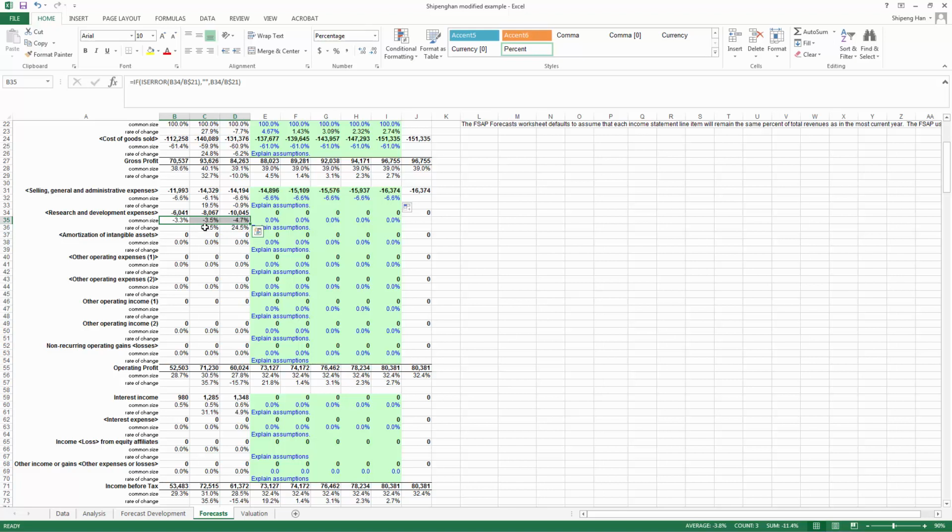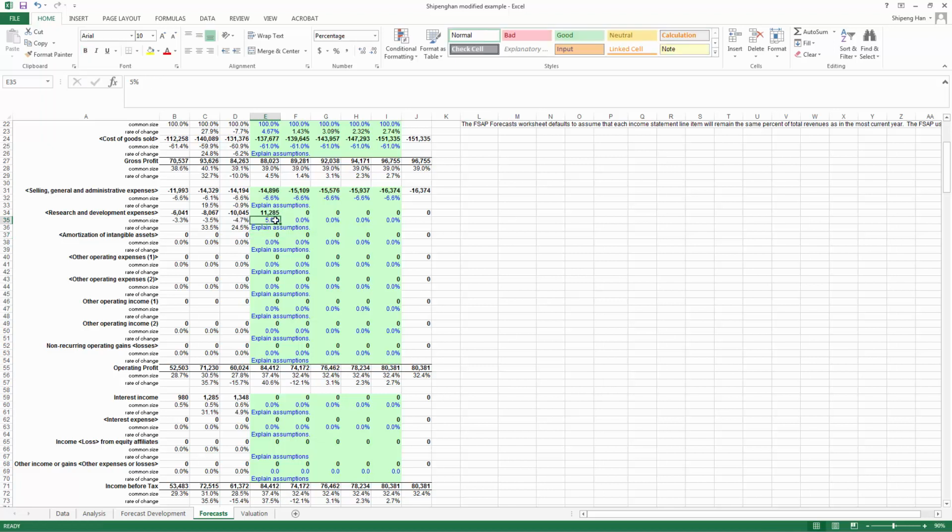And we see the increasing trend. So I just assume the total research and development cost is greater than 5% because it keeps increasing, right? So I just simply use 5%.